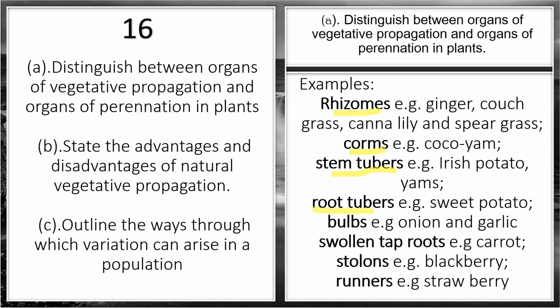We have the root tubers, for example, the sweet potatoes. We have the bulbs, like the onions and garlic. Then we have the swollen tap roots, like the carrots. We have the stolons, like the blackberry, runners, like the strawberries.